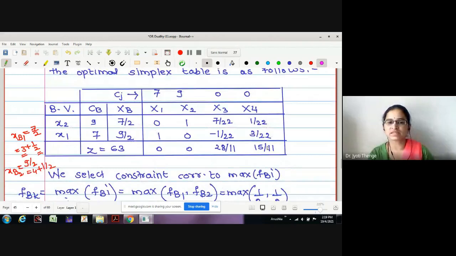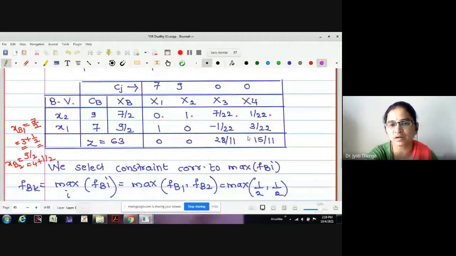We have to look at this coefficient matrix. These positions are 1,1, 1,2, 1,3 and 1,4. Is that okay? So what is the value of x13? 7 upon 22. x14, 1 upon 22. Correct? Now what are their fractional parts?